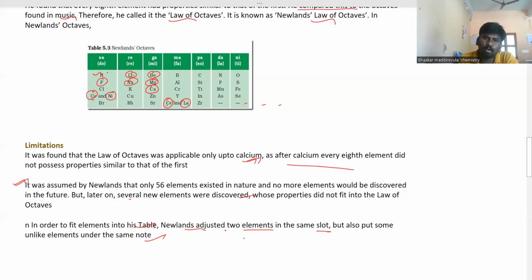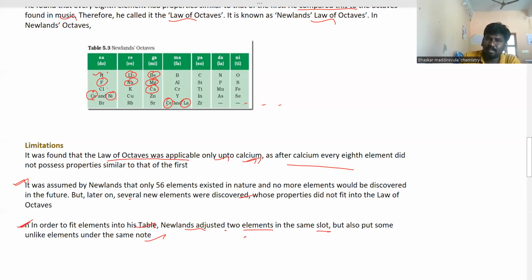These are the main drawbacks of Newlands' Law of Octaves. What is the first drawback? It was found that the law of octaves was applicable only up to calcium. Next, it was assumed by Newlands that only 56 elements exist in nature, and no more elements could be discovered in future. But several elements were discovered that did not fit in Newlands' law of octaves. Next, what is the main limitation?